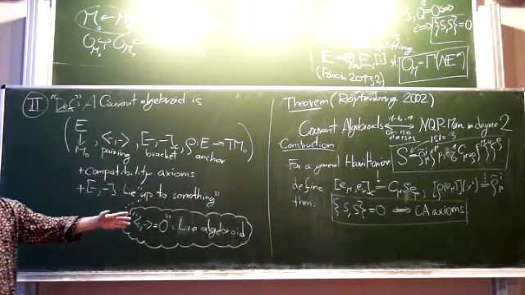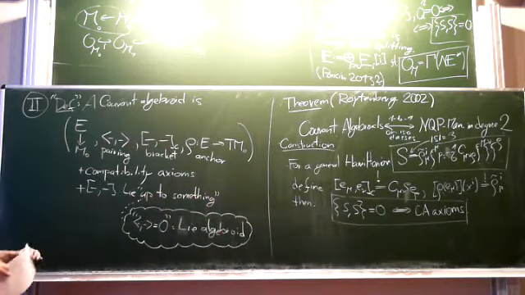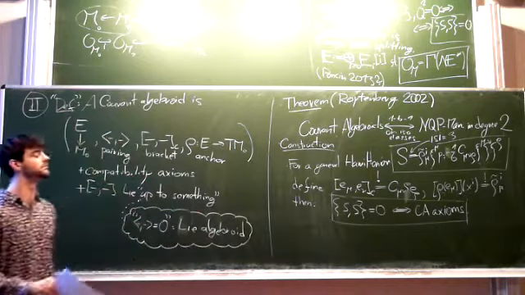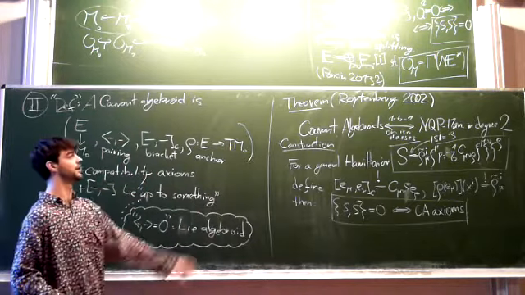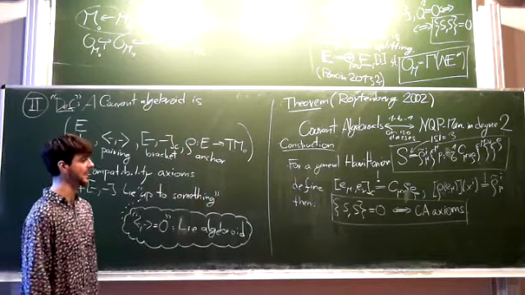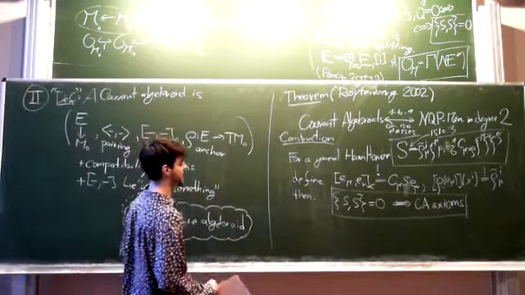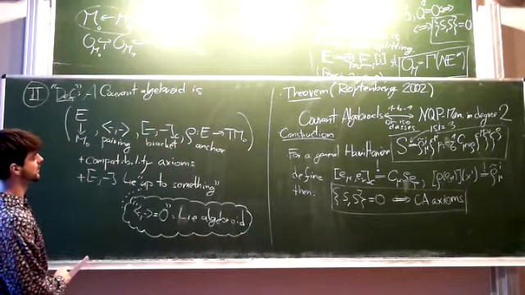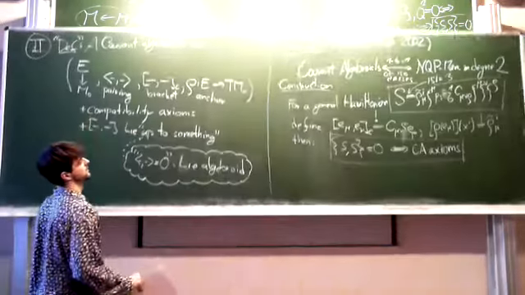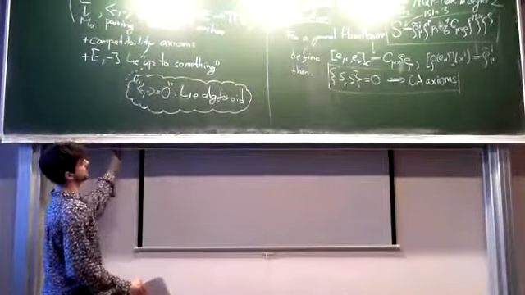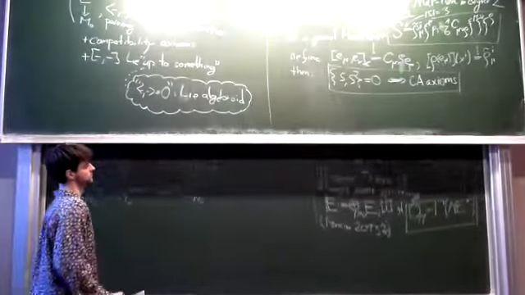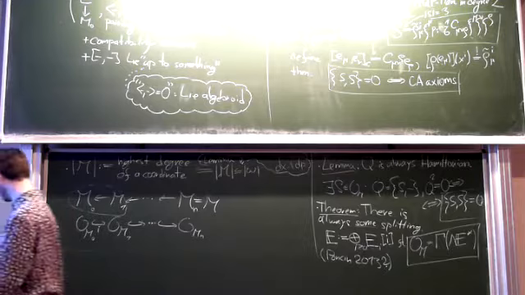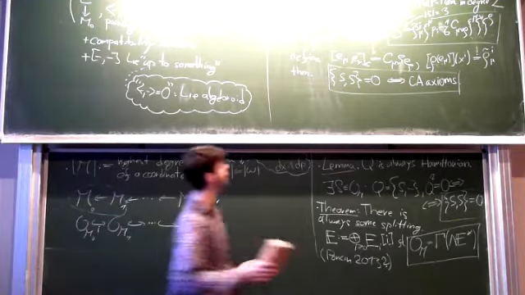So the Courant algebroid structure is the degree 1 part of the splitting, and there, maybe I should use another bracket.